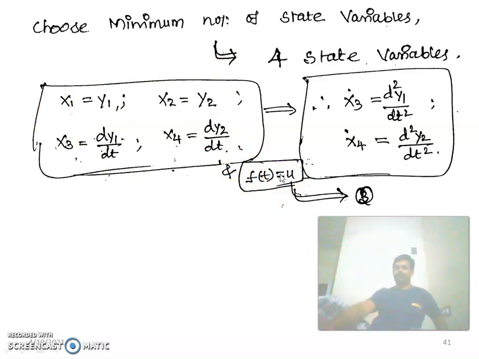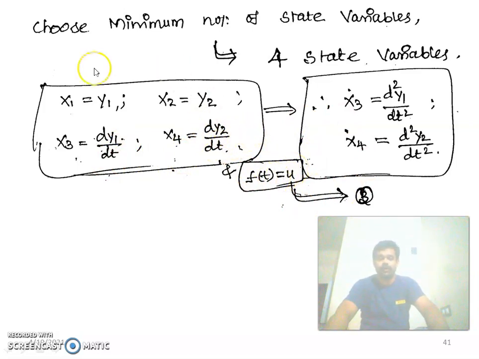So what are the state variables? x1 is equal to y1, x2 is equal to y2, x3 is equal to dy1 by dt, and x4 is equal to dy2 by dt. And the applied force f of t is equal to u, the input.